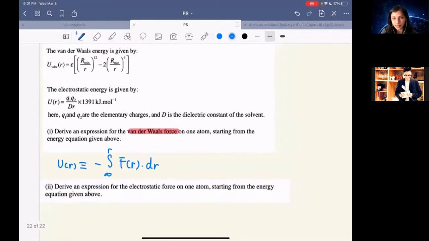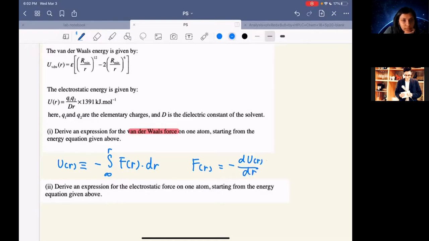If we rearrange it, force is basically the negative derivative of potential energy with respect to distance.